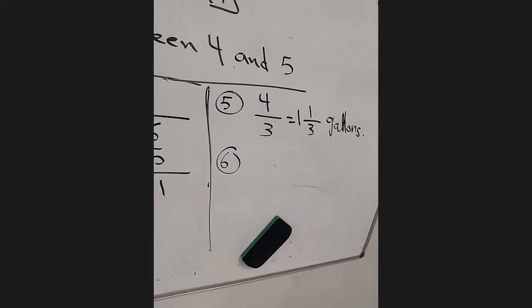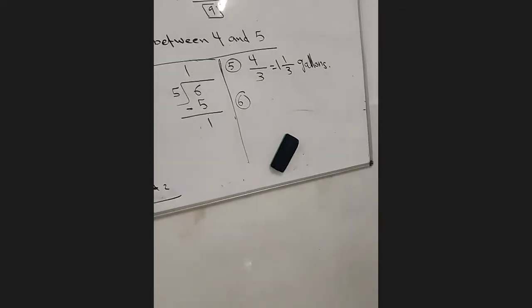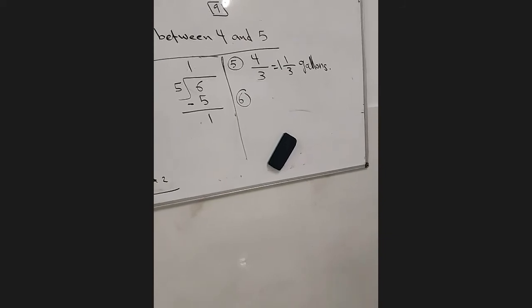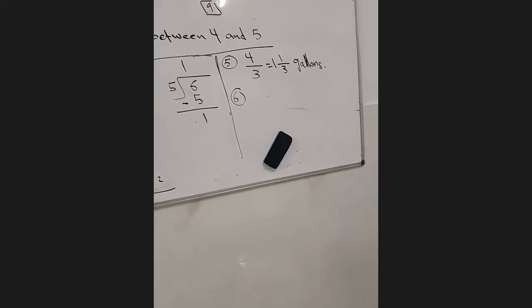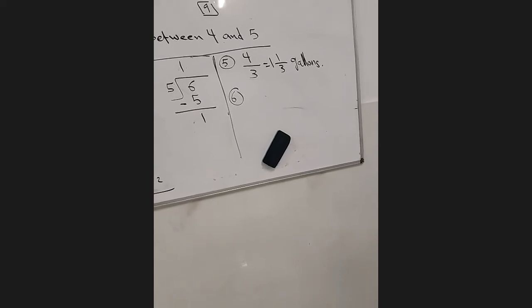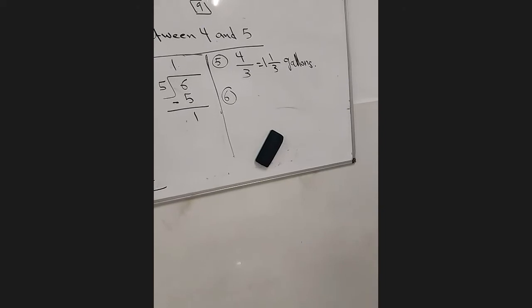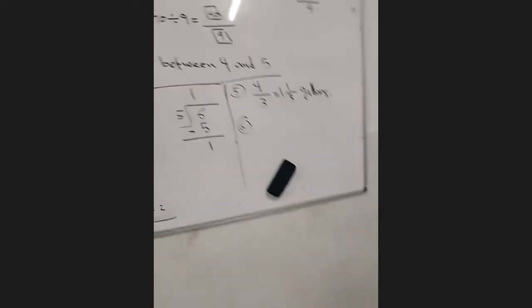Suzanne made 2 gallons of punch to be divided equally among 10 people. So, continue. How much of the punch did each person receive? Good.